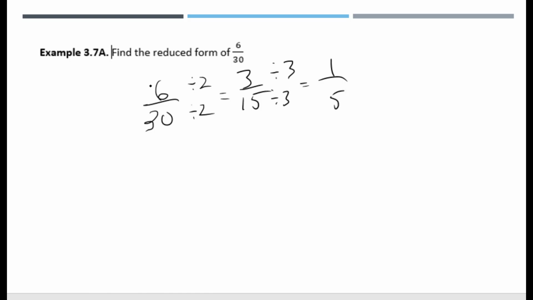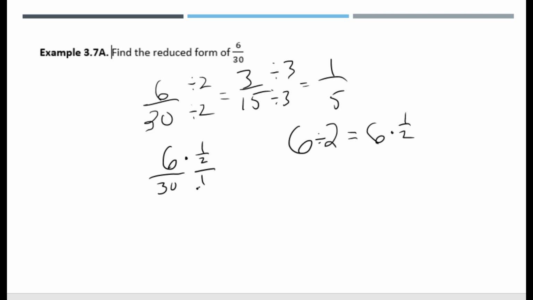And there's nothing wrong with this. Remember, dividing by 2 would be the same thing as multiplying by 1/2. And if you multiply the numerator by 1/2 and the denominator by 1/2, you are really multiplying by 1, which is hard to see.